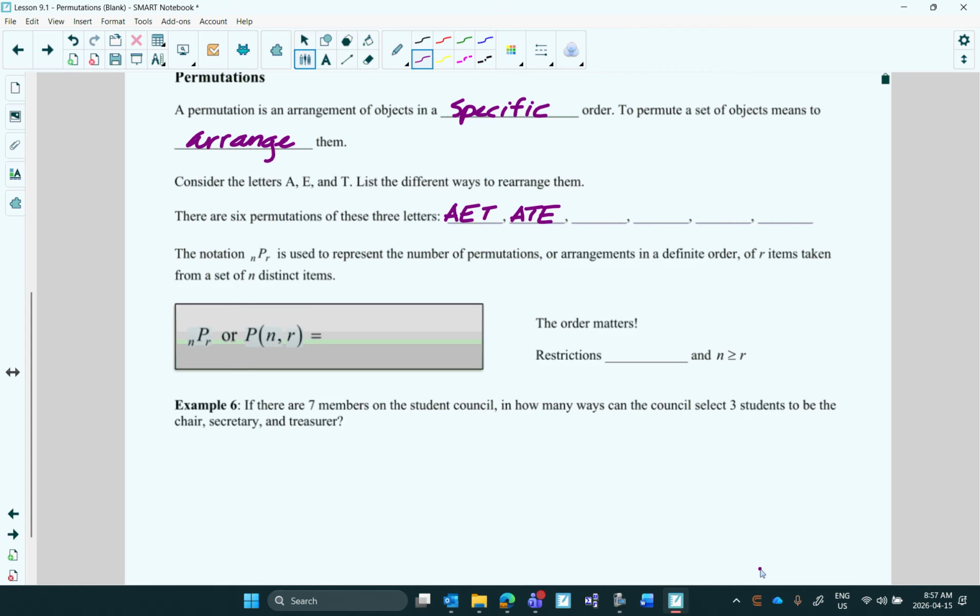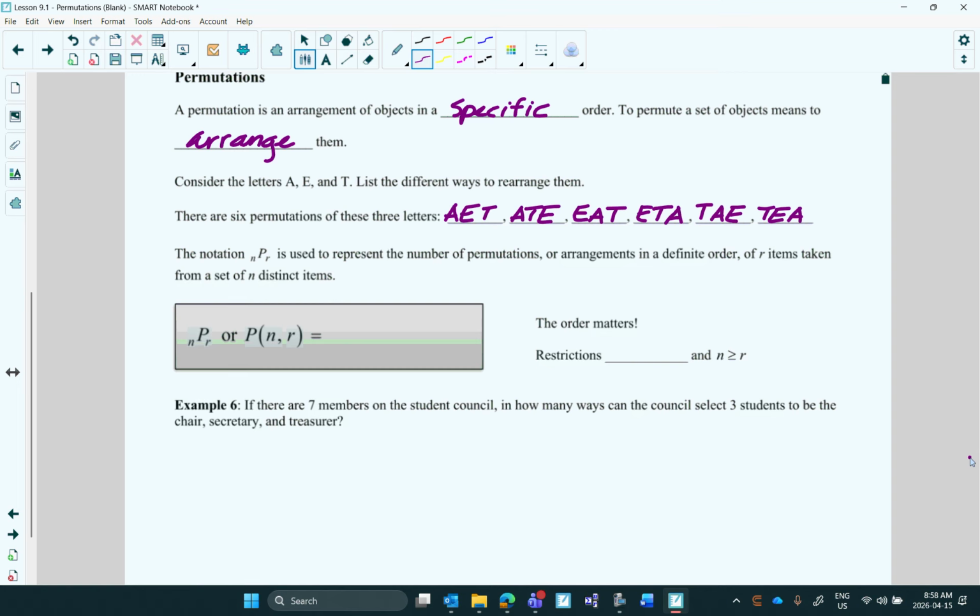No other arrangements that begin with A, so I could go E, A, T. Rearrange the A and T and get ETA. No other arrangements that begin with E's. Let's start ones to begin with T, TAE, and TEA. So we see that there's 6.